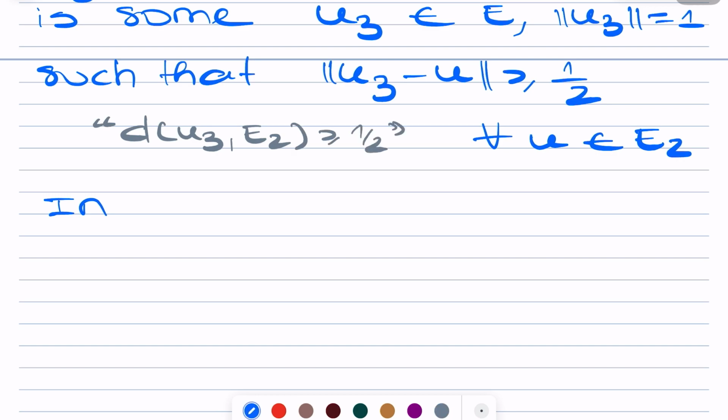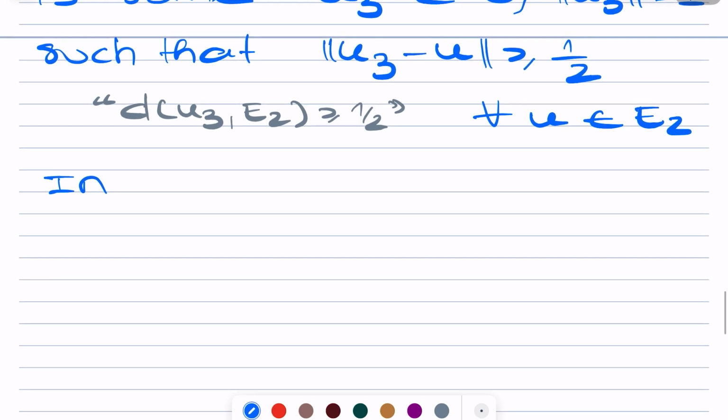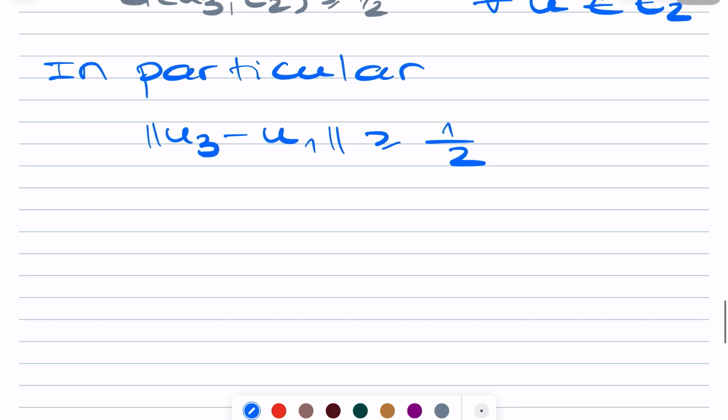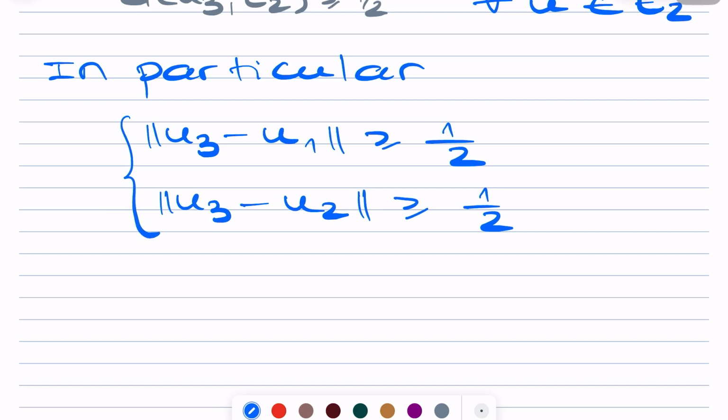I apply the Riesz lemma with epsilon equal 1/2 again. So in particular, you have that the norm of u3 minus u2 minus u1 is greater or equal than 1/2, and also the norm of u3 minus u2, because u1 and u2 are elements of E2, so these two inequalities hold.